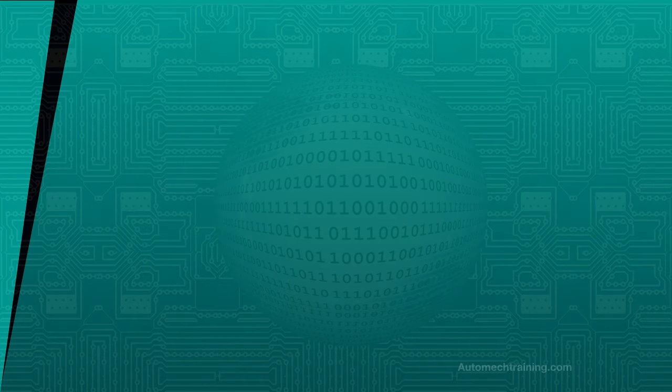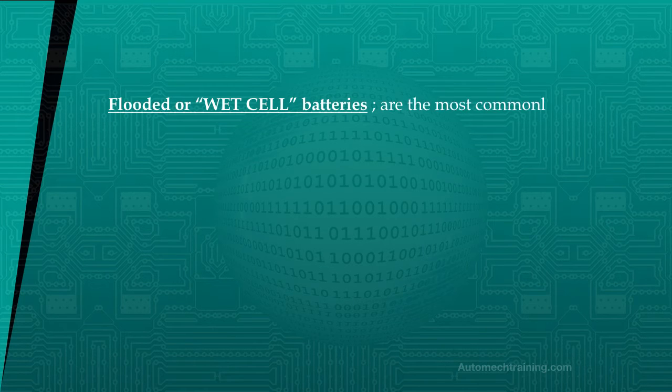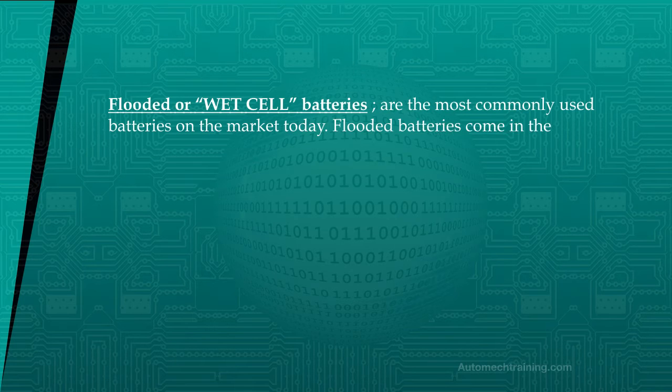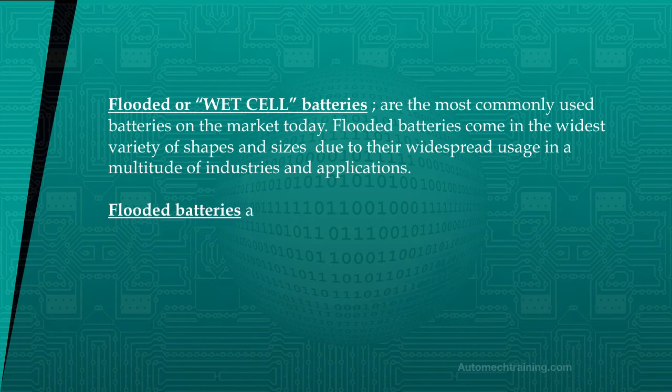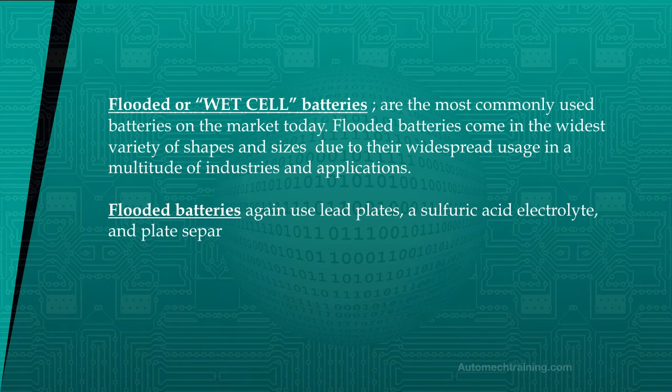Flooded or wet cell batteries are the most commonly used batteries on the market today. Flooded batteries come in the widest variety of shapes and sizes due to their widespread usage in a multitude of industries and applications. Flooded batteries again use lead plates, a sulfuric acid electrolyte, and plate separators, but that is where it stops.